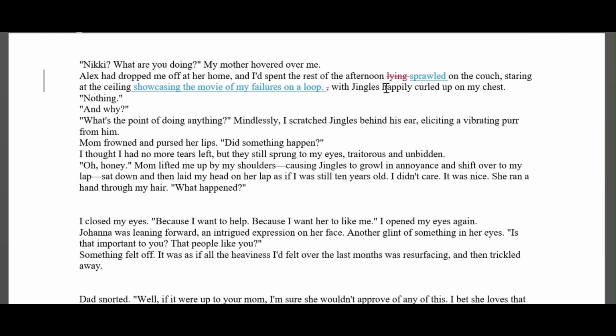Then with Jingles happily curled up on my chest, which is also a bit at odds with her being in a very depressed state. So I think it would be good to get these two ideas separately.